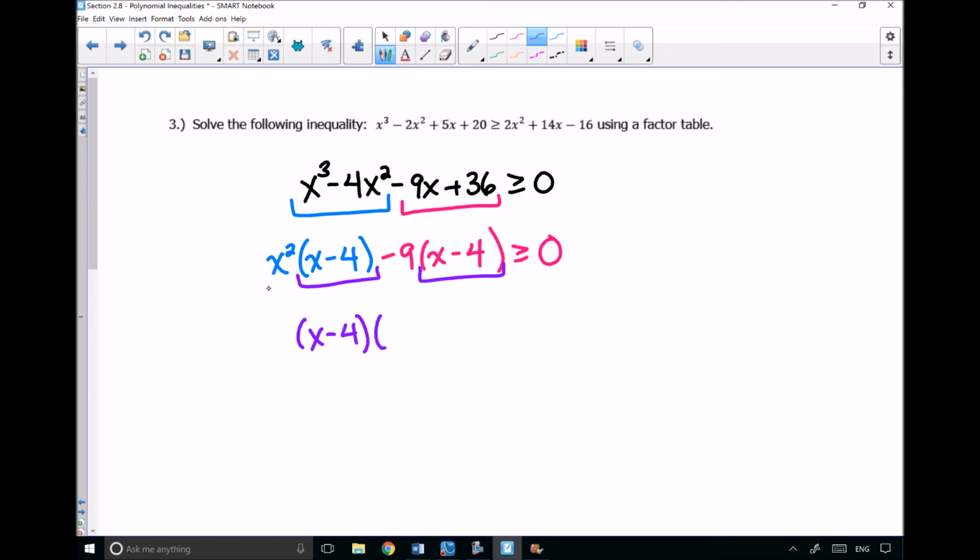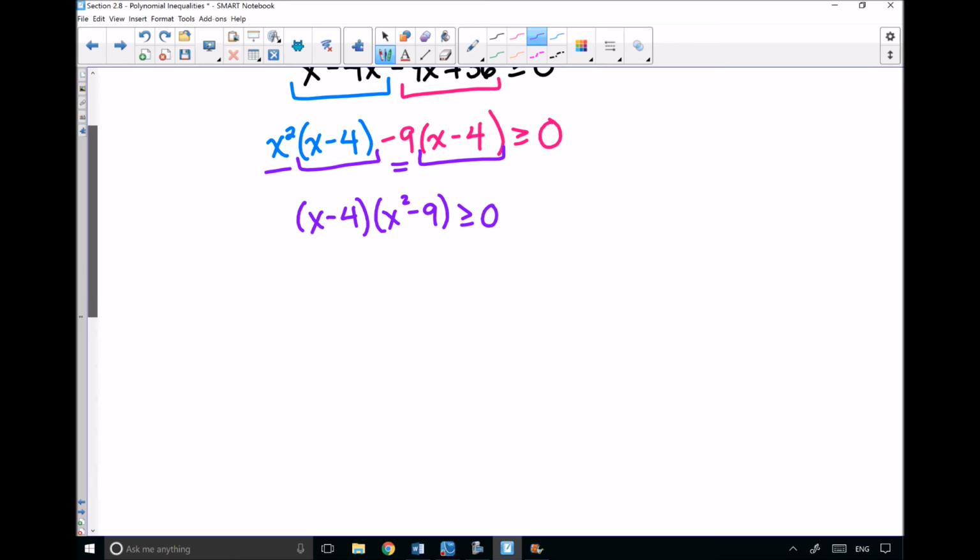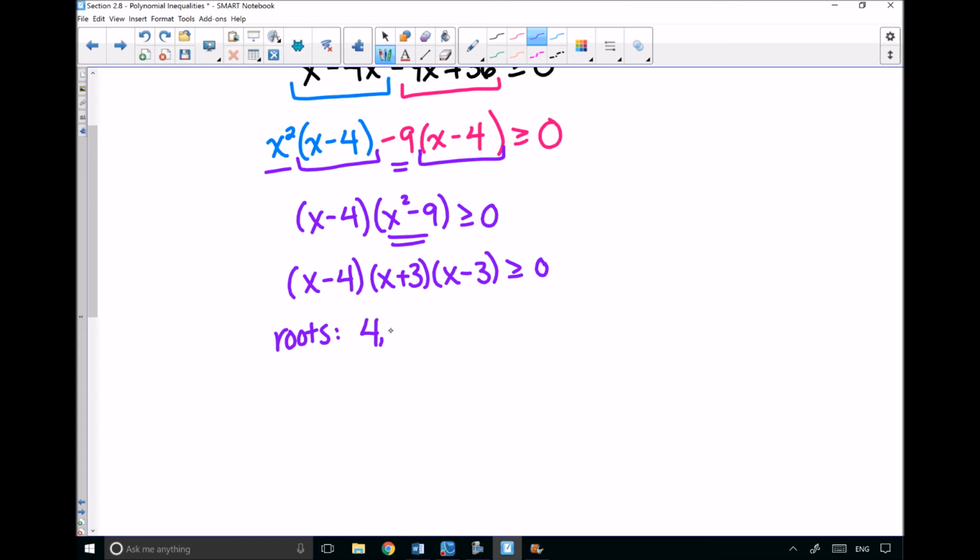Then I have x squared minus 9 left over, and that's greater than or equal to 0. This is a difference of perfect squares, so I can factor it even further. I get x plus 3 and x minus 3. All of these things, when I multiply them together, should be greater than or equal to 0. So I can conclude that my roots are 4, negative 3, and positive 3.